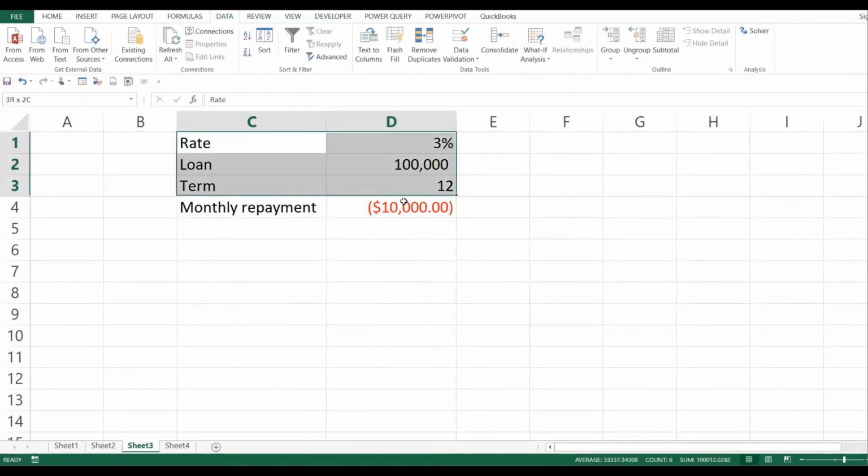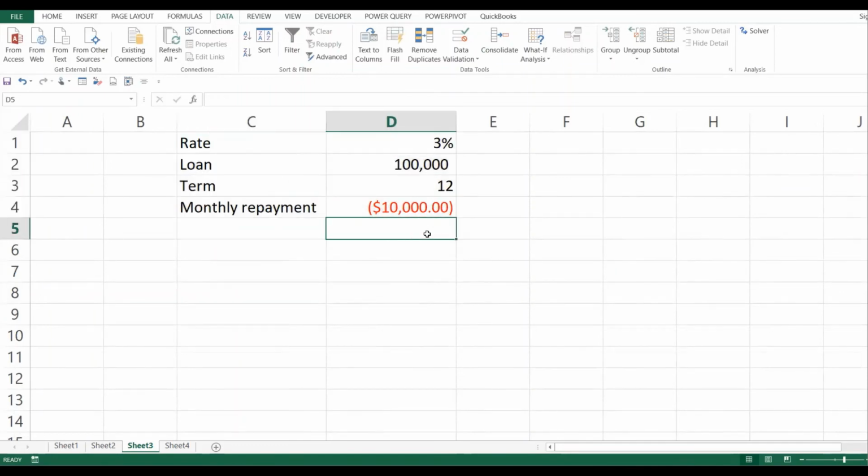Now, after establishing this, you may want to say, if I can't afford this, but I can afford $8,000, and I want it for 12 months, I still want this. What interest rate should I negotiate for? That is one scenario.